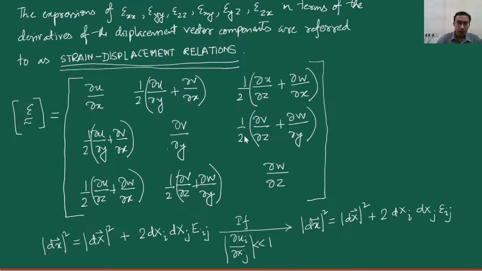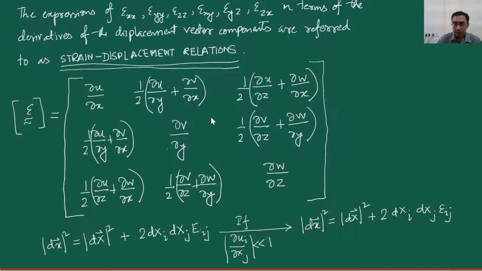So if you were given the displacement fields, how u varies with x, y, z, how v varies with x, y, z, and how w varies with x, y, z, then you can just plug into these formulas, use these strain displacement relations directly, and find out the various values of epsilon xx, epsilon yy, epsilon xy, epsilon zz, and so on and so forth.